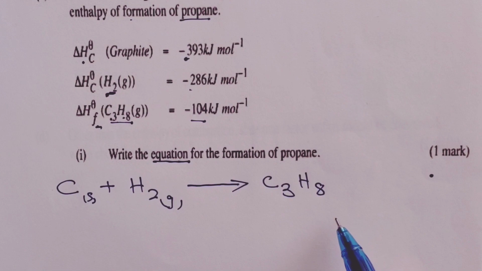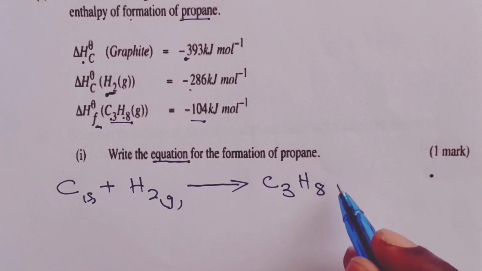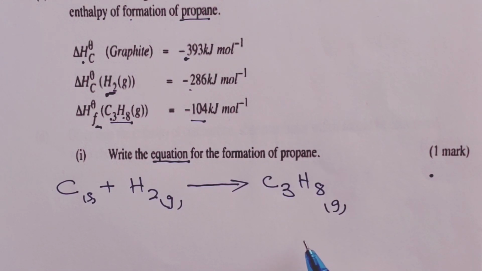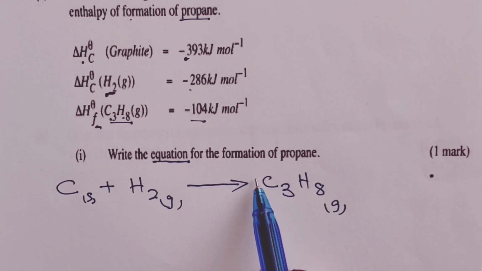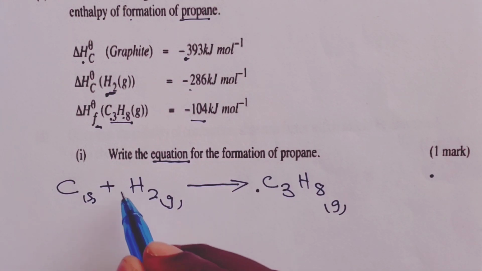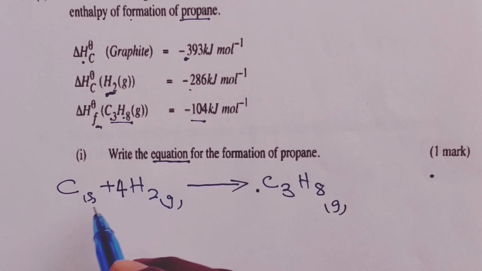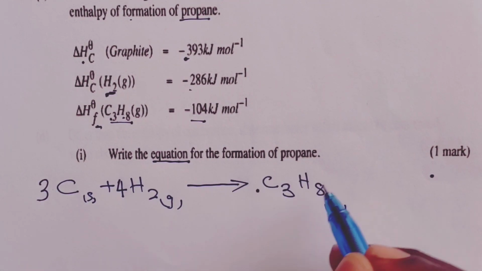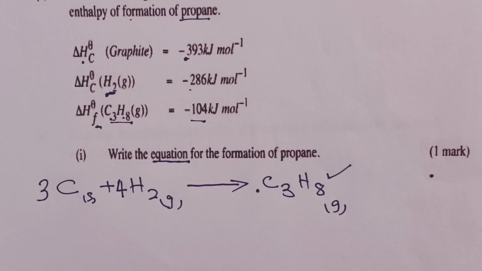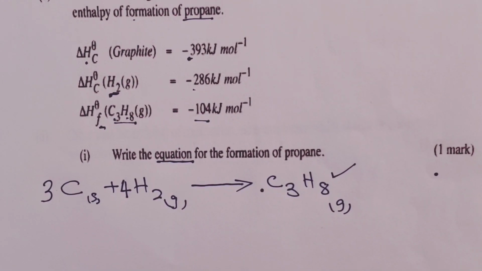This would be the equation for the formation of propane. And as we balance, we need to make sure that we form only 1 mole of propane on the right hand side. So that would mean we balance with a 4 on hydrogen and a 3 on carbon for that mark. We proceed to the rest of part C questions.